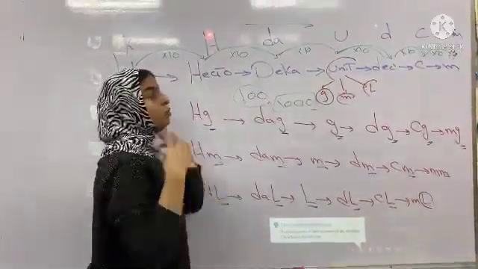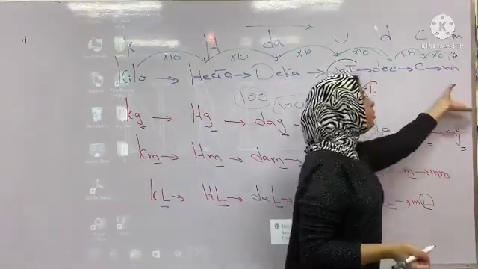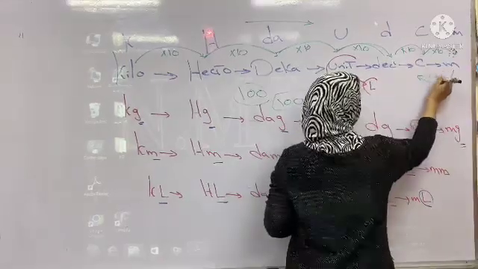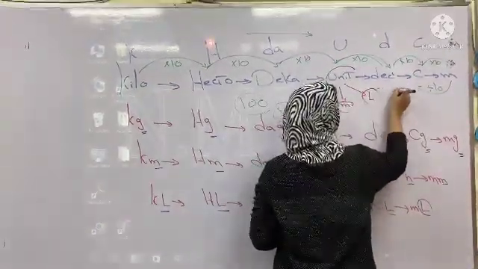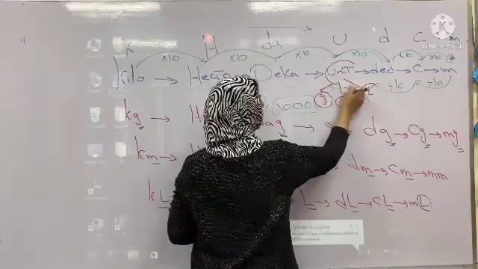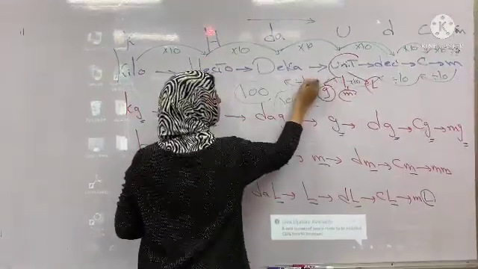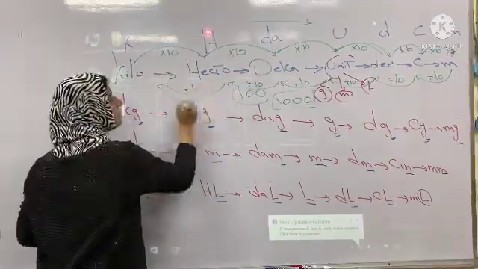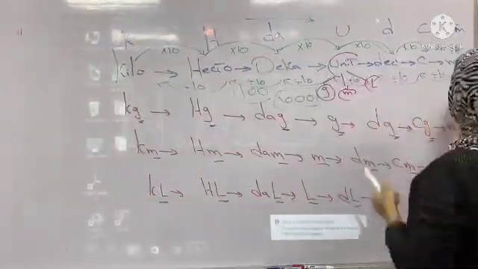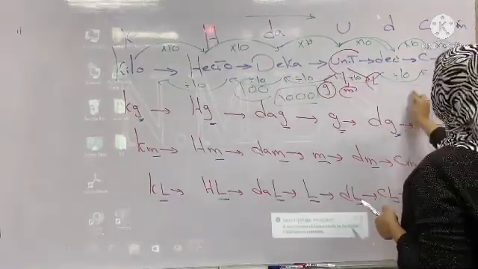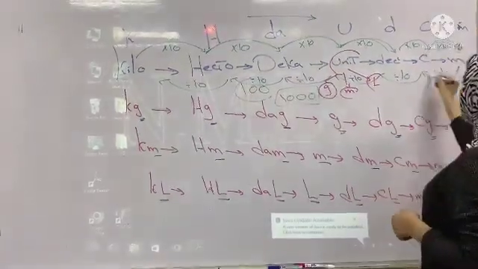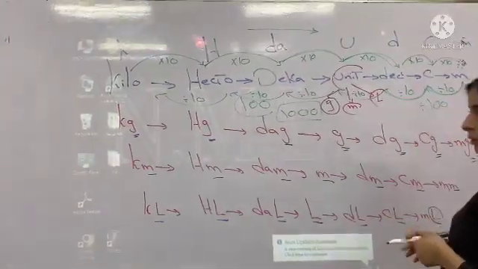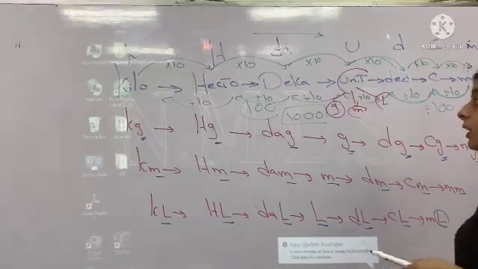What about if I want to move from the smaller, go backward to the greater? I make it divided by 10. Each time I make it divided by 10. So if I want to move from milli to deci, that means I moved 2 steps, 2 zeros, it will be divided by 100, okay?